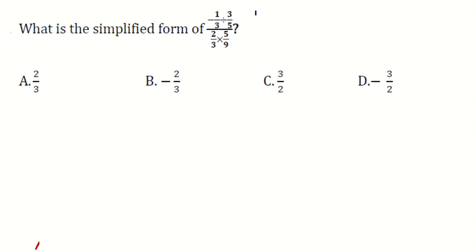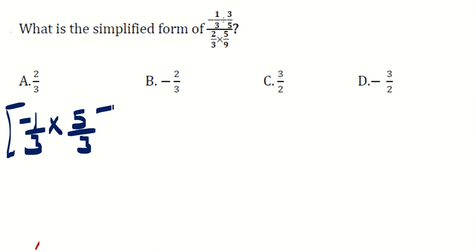It's going to be negative 1 over 3 times 5 over 3. In case of division, you make it times and take the reciprocal of the second fraction. And the denominator part, just multiplication. So multiply numerator with numerator, denominator with denominator. If you can simplify, try to observe diagonally.